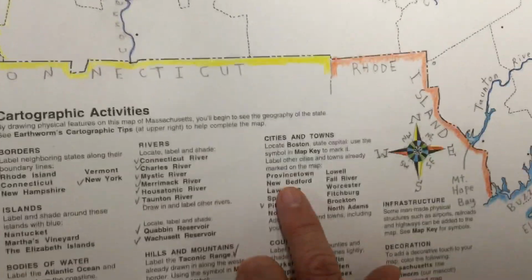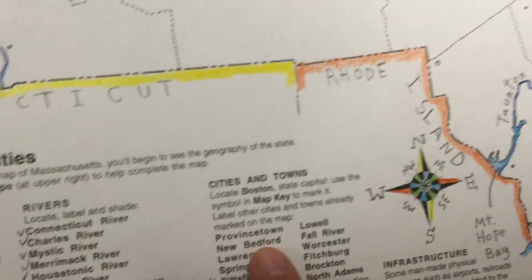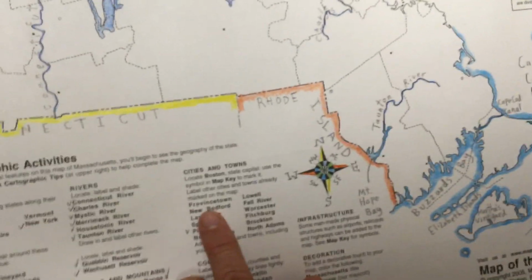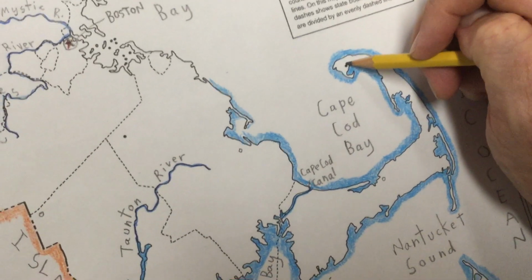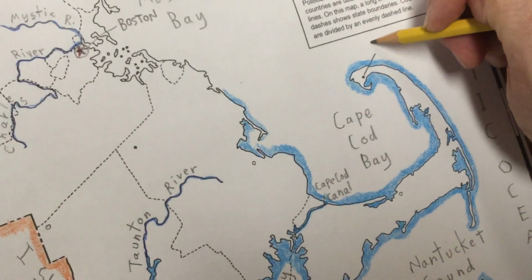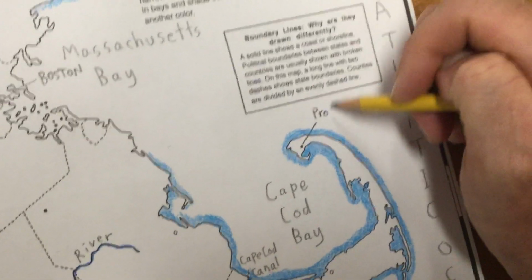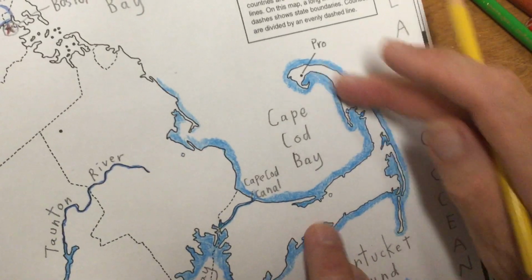Now, let's look at the list. I guess we could start at the top of the list in the cities and towns category. And the first one is Provincetown, which is probably not a city, but probably is a town. Probably should have used an open circle for that. But anyway, not a big deal. Let's label it with a leader line. It's located kind of at the top of Cape Cod here. We kind of refer to this whole area as Cape Cod.